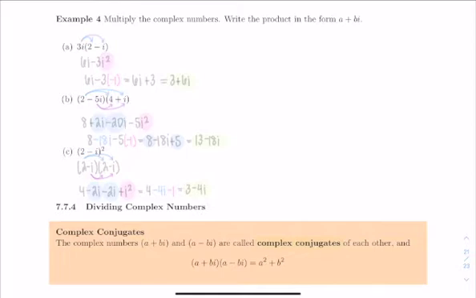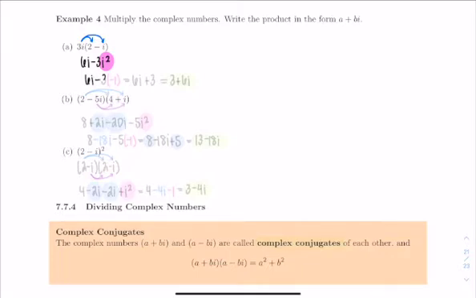So for this first one, 3i times 2 minus i, we're going to distribute the 3i to both pieces. And so that's going to give me 6i minus 3i squared. And then again, we need to replace the i squared with negative 1.